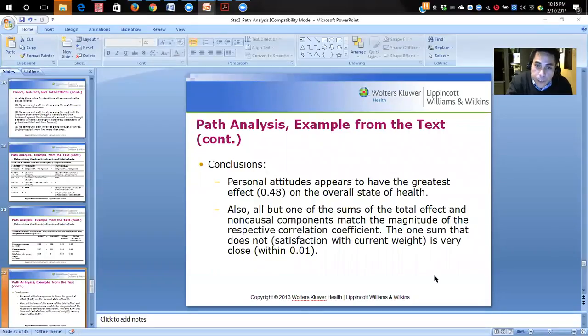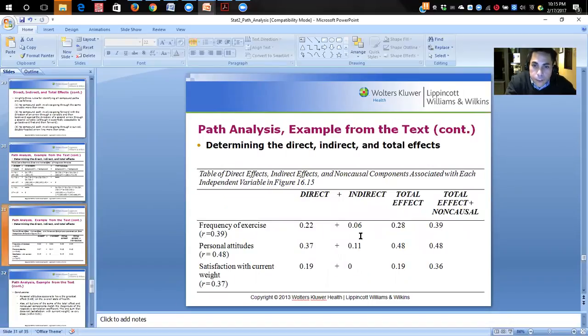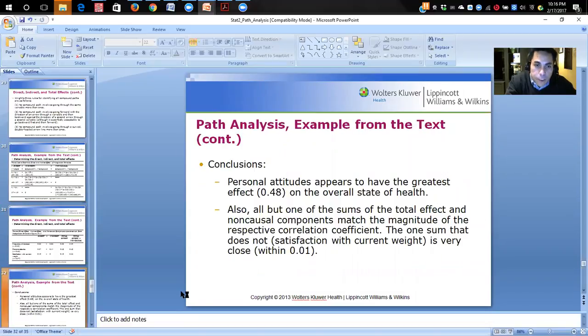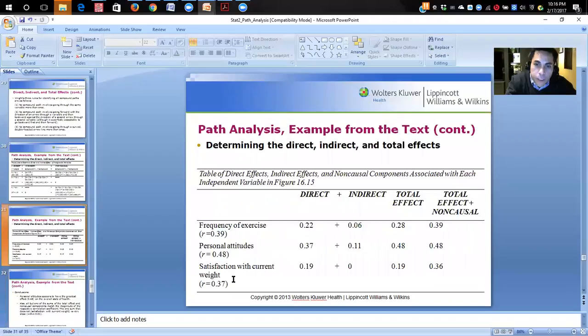Let's go up here. So this is satisfaction with current weight. 0.01 is the total effect.